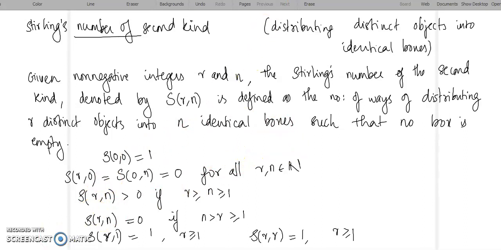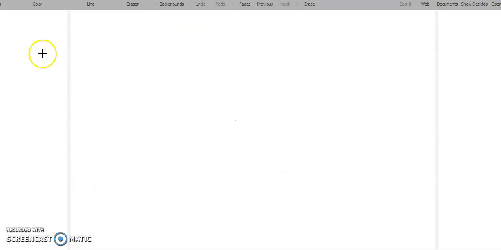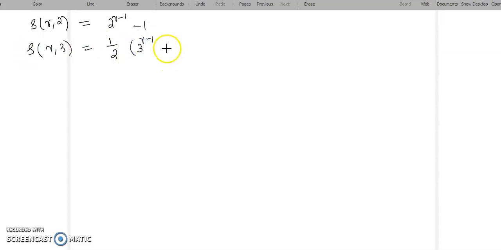Again, a few more properties are there, and we will see the proof for these properties at the end. So S of r, 2 is equal to 2 raised to r minus 1, minus 1, and S of r, 3 will be equal to 1 by 2 times (3 raised to r minus 1, plus 1, minus 2 raised to r).